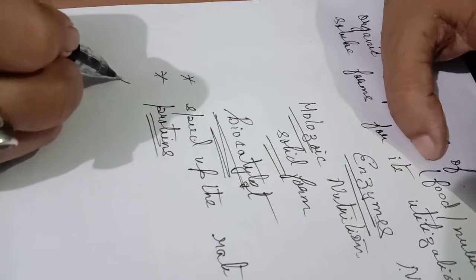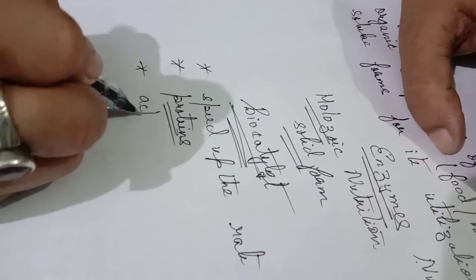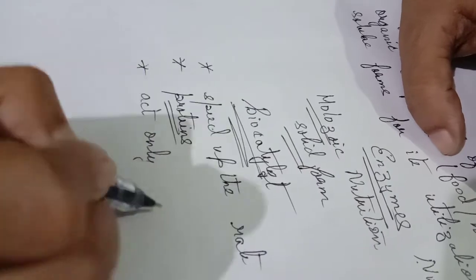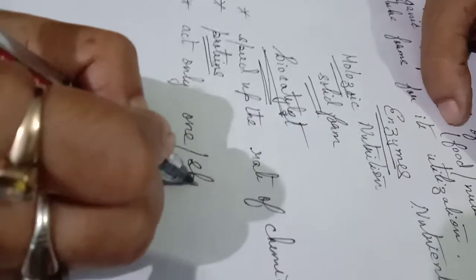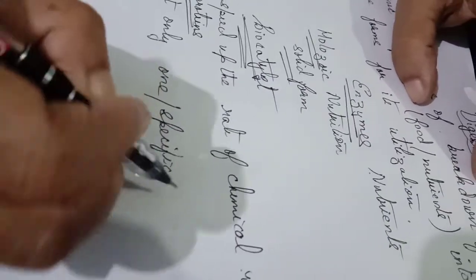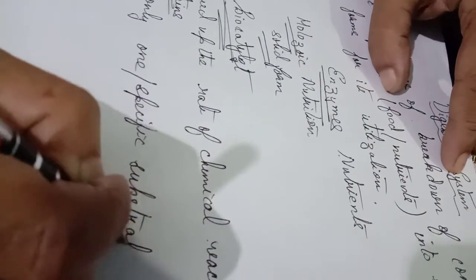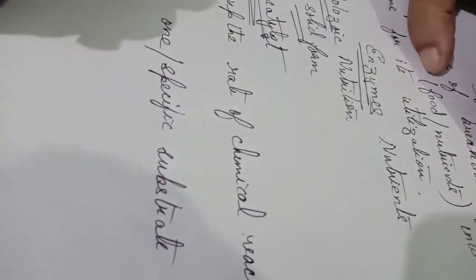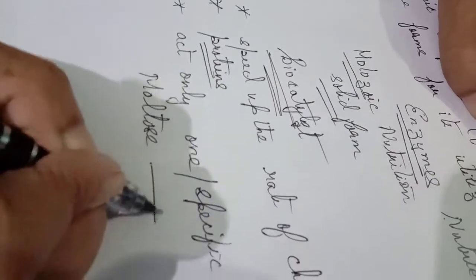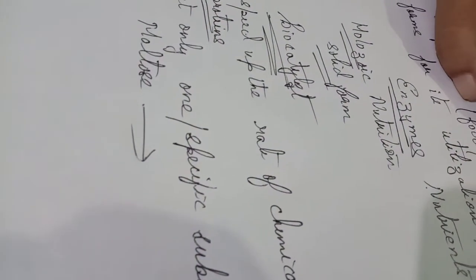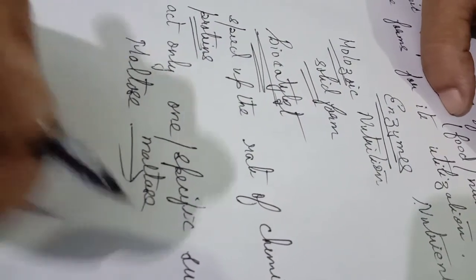Clear? What is the other characteristic? They act only on one substrate, only on a specific substrate. I'll tell you an example. To break down maltose into its components, you require the enzyme maltase.